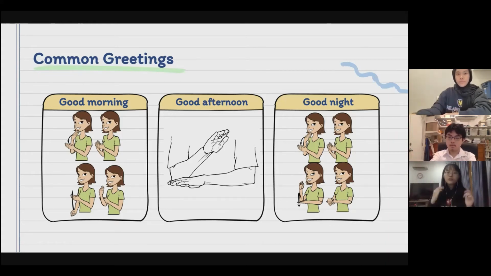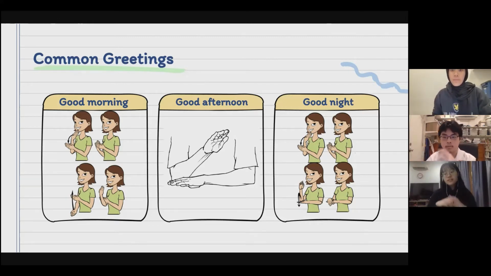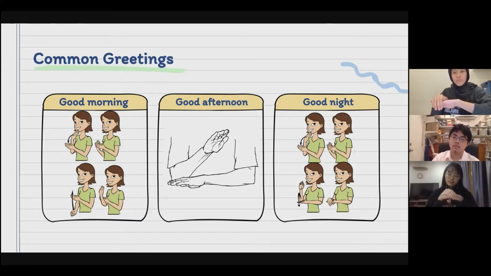So putting it together will be good afternoon. And then good night is when the sun has already set. So it's just good. This is night. You have your dominant hand going onto your non-dominant hand. So putting it together would be good night.